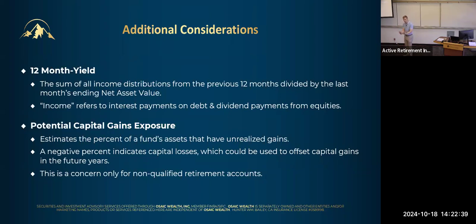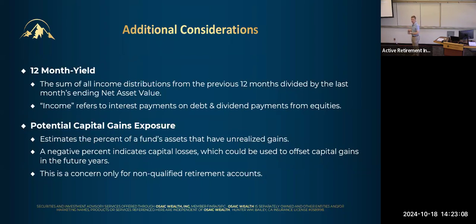Those 2 assets are exposing me to capital gains. If the mutual fund sells those to buy something else, they're going to kick out those capital gains to me. I'm going to pay the taxes, or if it's in a qualified account, I'm going to defer them. Usually, if the instructions are set by default, they'll reinvest back into the fund at the net asset value when it was distributed out. So a negative percent indicates there are capital losses, which could be used to offset capital gains in future years.